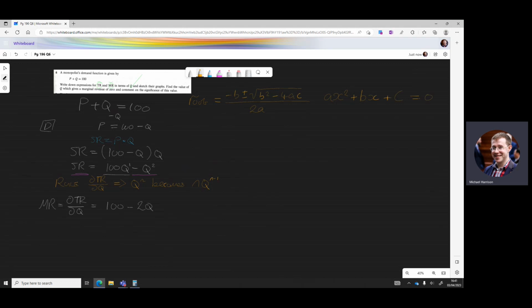So in the case over here where I have total revenue, the coefficient of the linear term was 100. The coefficient of the square term is -1. Now there's a trap for the unwary. There is no constant term in this. So c is equal to 0.